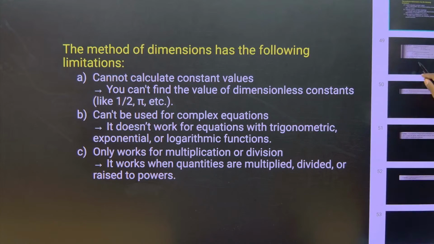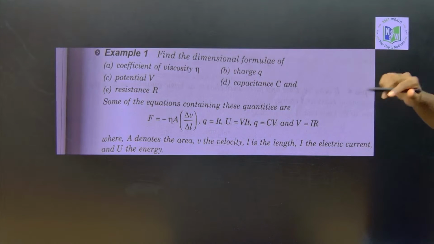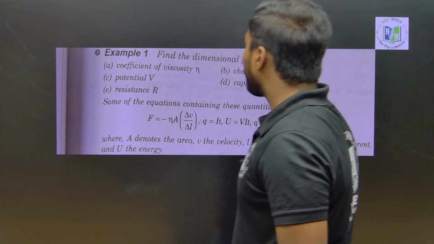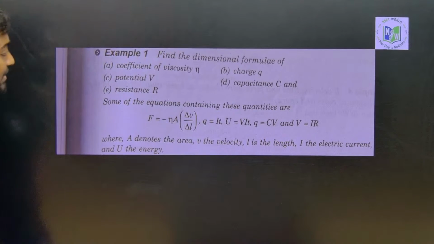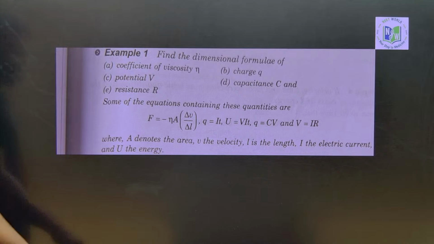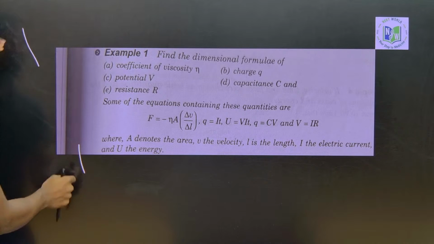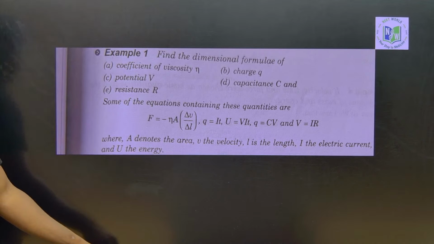I'll give some examples here. You can take this example: find the dimensional formula for coefficient of viscosity mu, charge q, potential V, capacitance C and resistance R. This is the homework question.